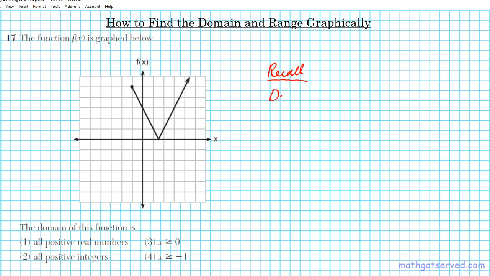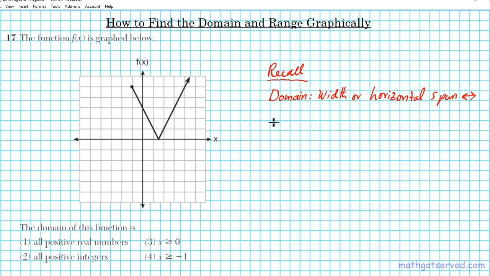The domain is the width or horizontal span of your graph. How far to the left does the graph cover and how far to the right does the graph cover if it is projected down to the x-axis.